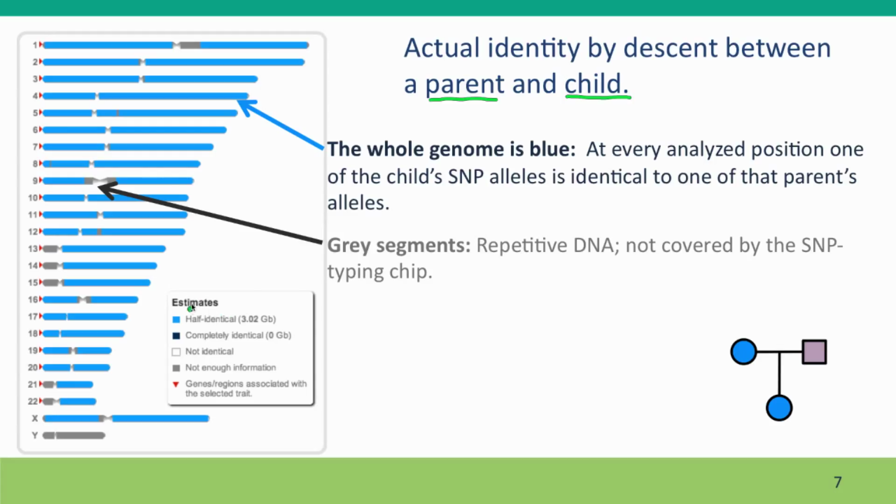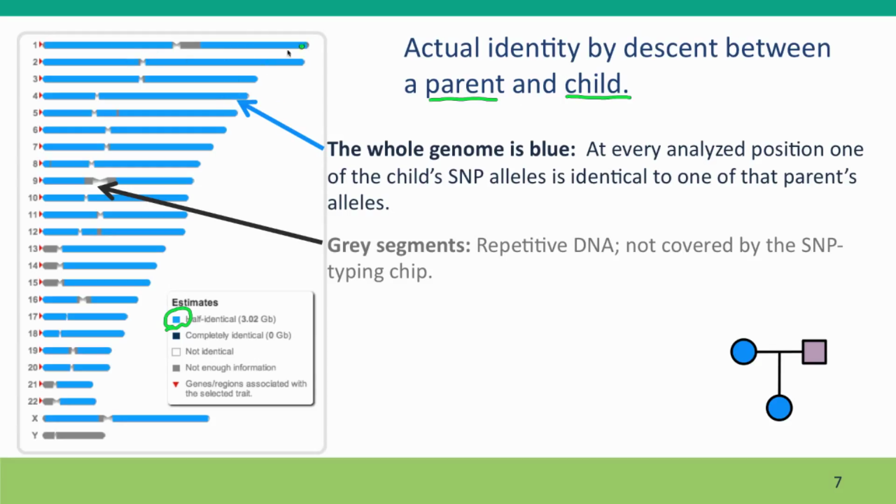And the color code is explained here. The gray segments are places where there's not enough information to type. Typically, this is places on the chromosome where there's a lot of repetitive DNA. And the blue bars are places where the two individuals are half identical, where they have one allele in common.